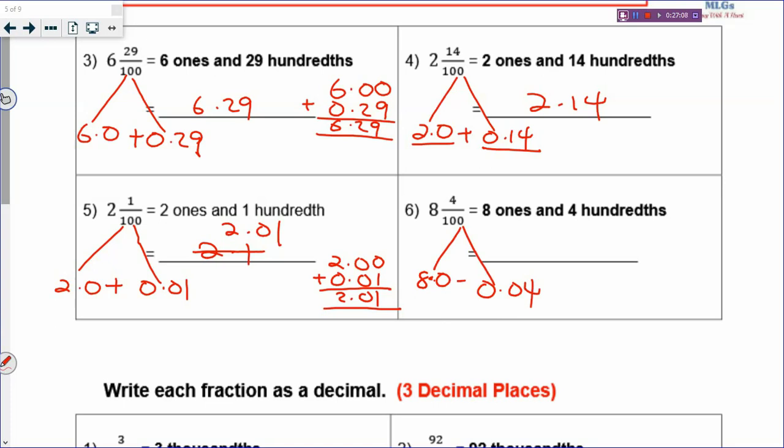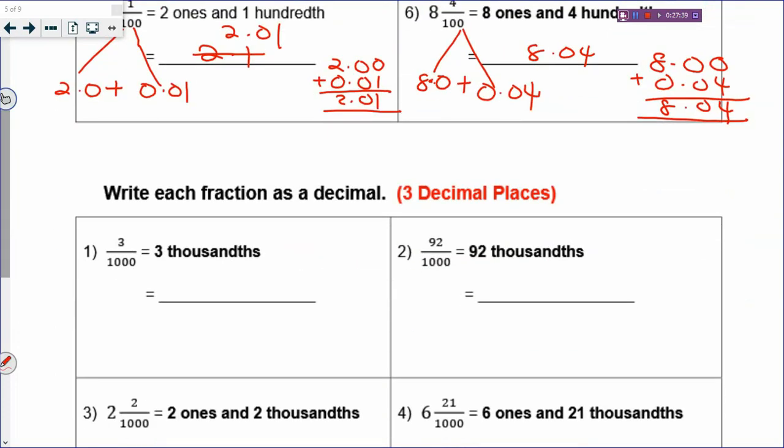Then you plus them together. 8.0 plus 0.04, put a 0 in the blank space, and you will get 8.04, and that is your answer, not 8.4. You can see that decimals can be very tricky when you start to do shortcuts which are not acceptable. There are shortcuts in math, but there are some shortcuts which are dangerous. So I will not apply those shortcuts.